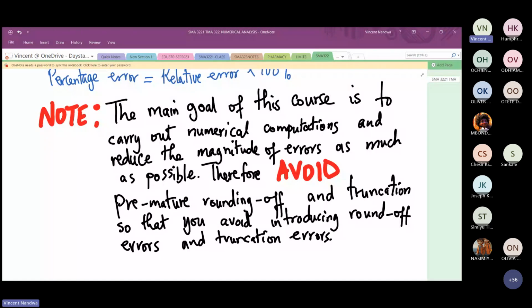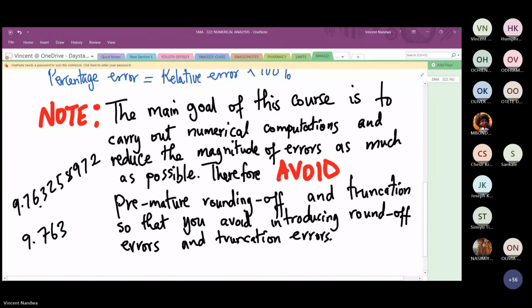For example, if you are doing a computation and you get on your calculator a value like 9.763258972, then you use 9.763 in your computation for the next step. That is where the problem starts from.